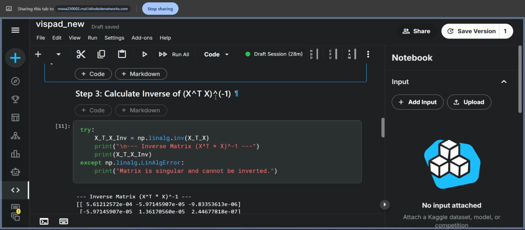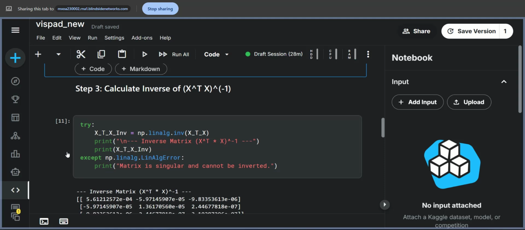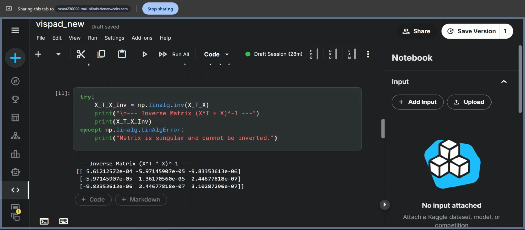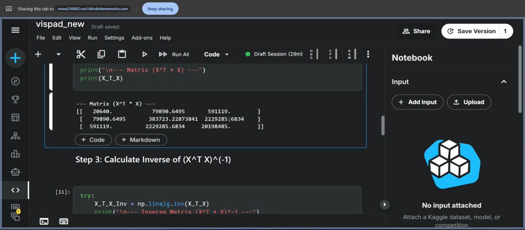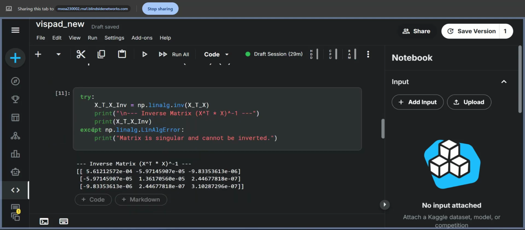Now we come here to calculate the inverse, where we are using a try and except. We are trying to find the inverse of the squared matrix. So this is just trying to catch it.